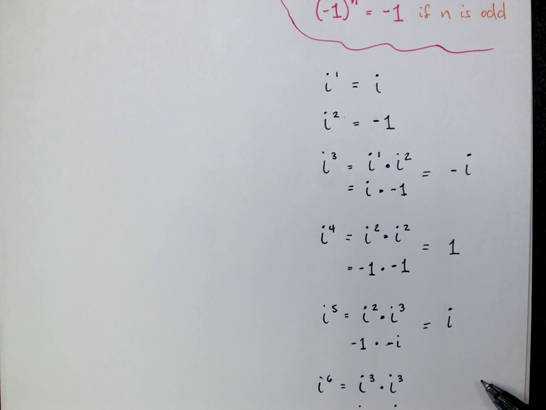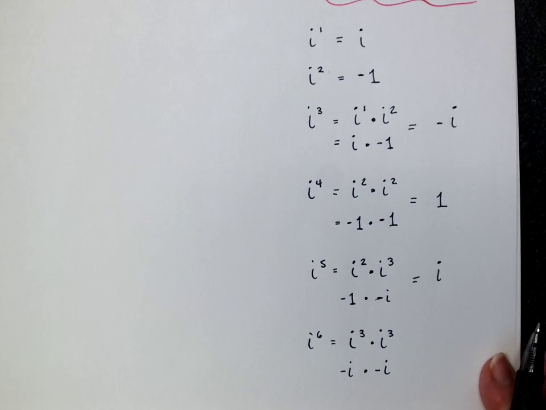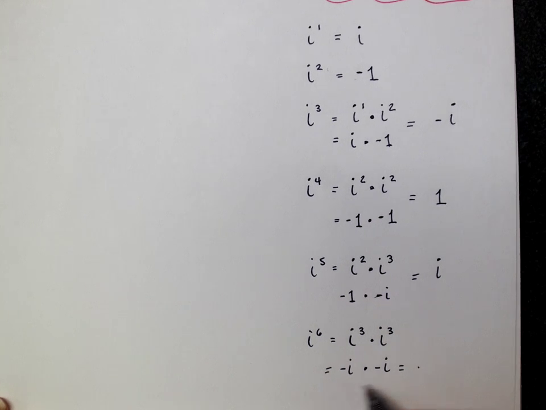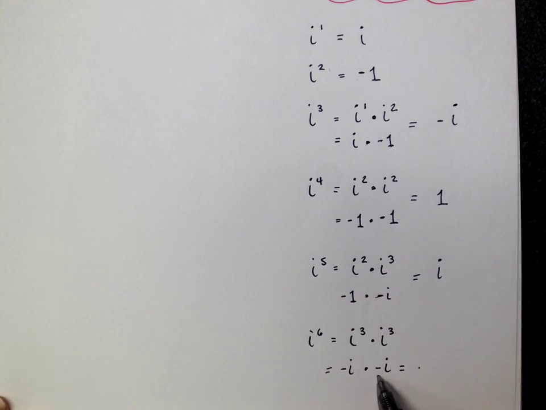And so what does that equal? -i times -i is, well, is it negative or positive? Positive, i squared, which is -1.